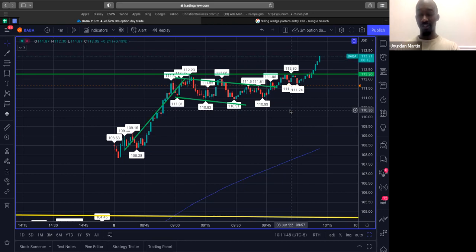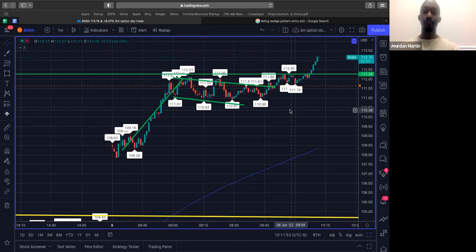If you have a $1,000 account and I call a $900 Shopify trade, you shouldn't be taking that trade. I'm not sure if there's really a good correlation between Shopify and eBay, but if there was a direct correlation, then you could trade that as a sympathy play, is what they call it, right? But yeah, bro, I would say just trade the premiums that make sense for your account size. Just because I'm trading Tesla, don't trade Tesla if your account isn't large enough to make it make sense.